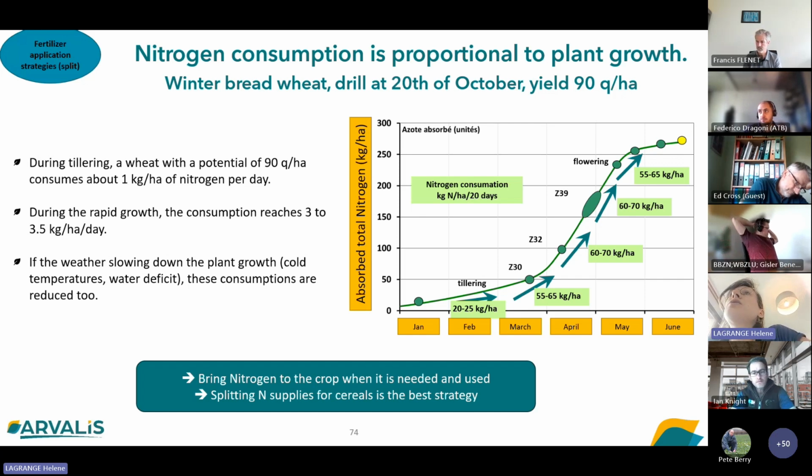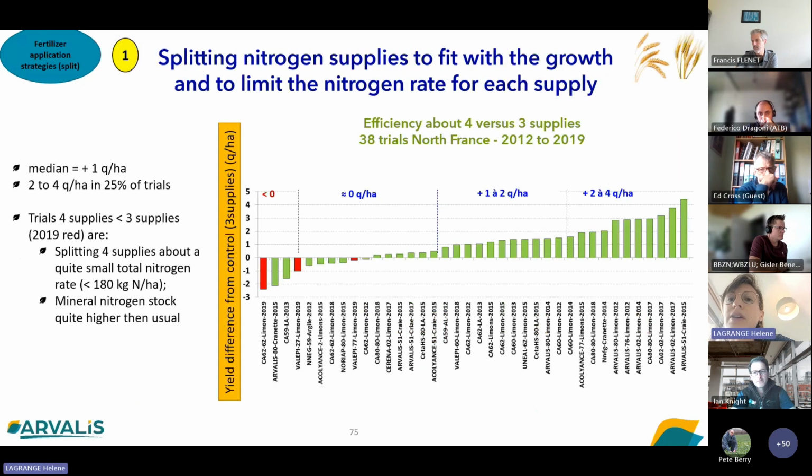And also we found that it's very interesting to split the applications for cereal crops. This is the best strategy to be as efficient as possible. So you have here an example of several trials we made in the north of France.